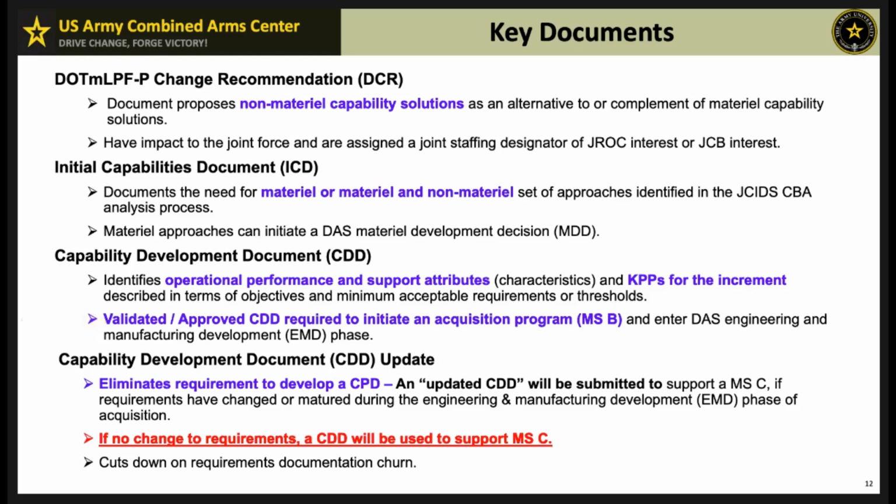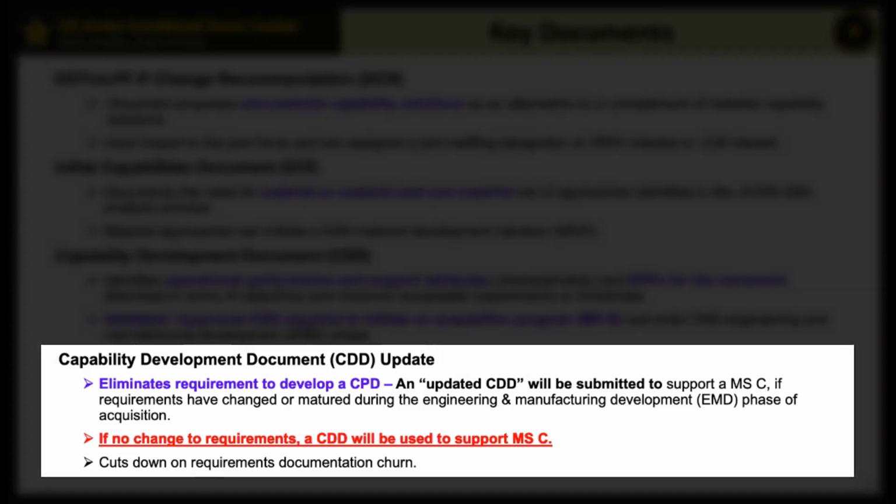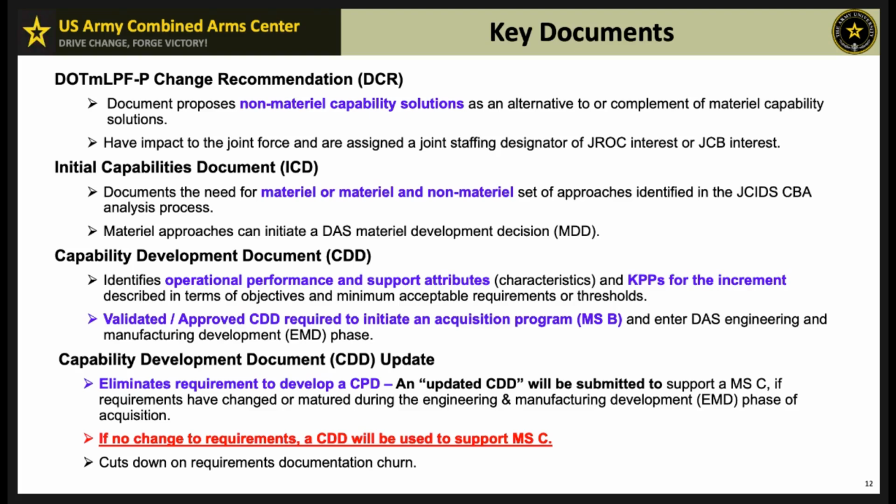An updated CDD is submitted if requirements evolve during the EMD phase, replacing the need for a separate Capability Production Document, CPD, at milestone C. If requirements remain unchanged, the original CDD supports milestone C, reducing the documentation burden.